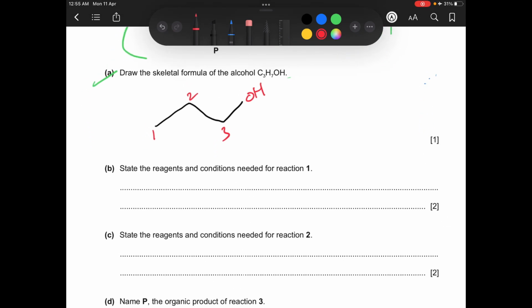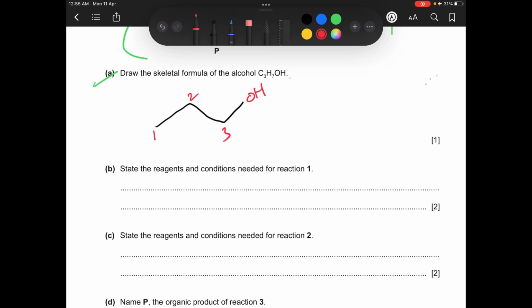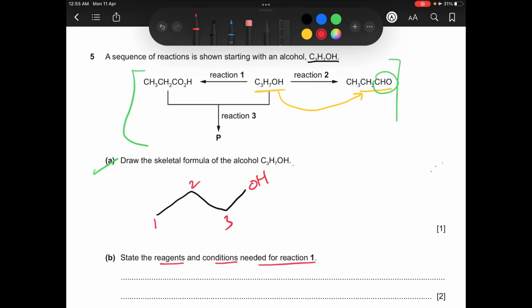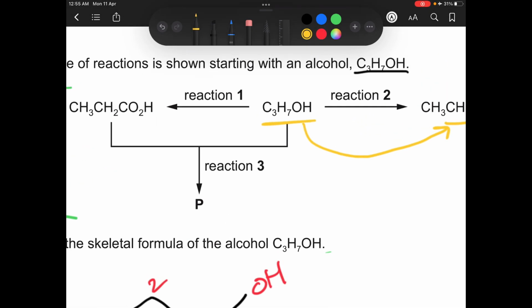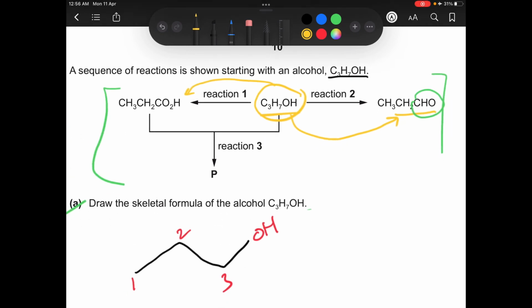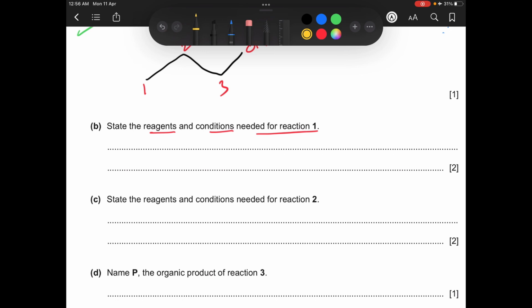Let's go and see the next question. State the reagents and conditions needed for reaction 1. Let's see what reaction 1 is. Here, you have alcohol and you are changing it to carboxylic acid. So definitely this is an oxidation reaction.